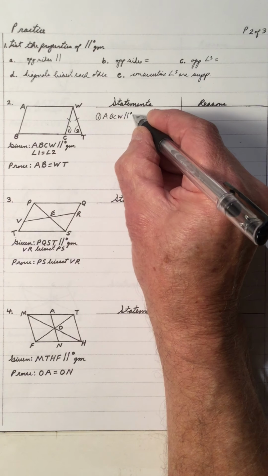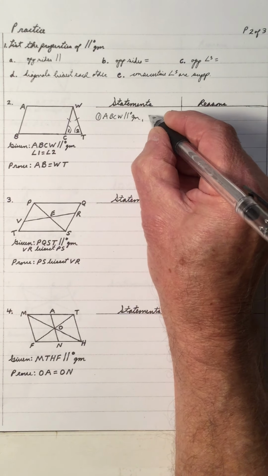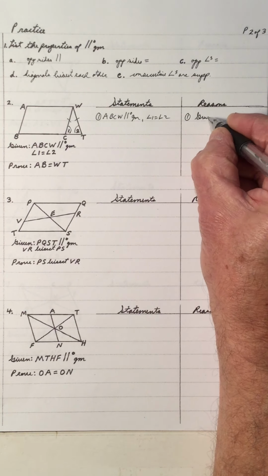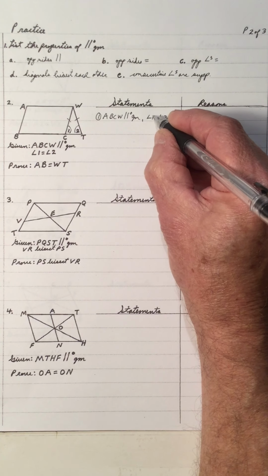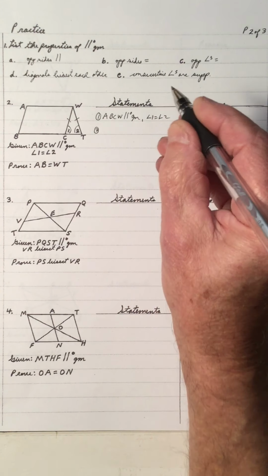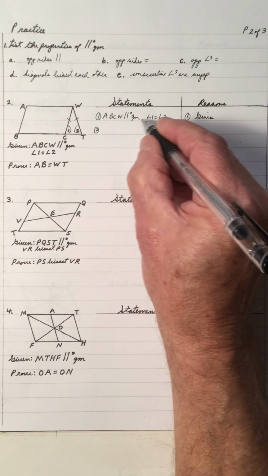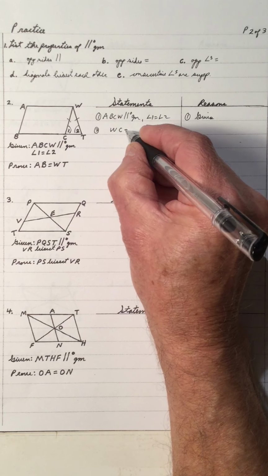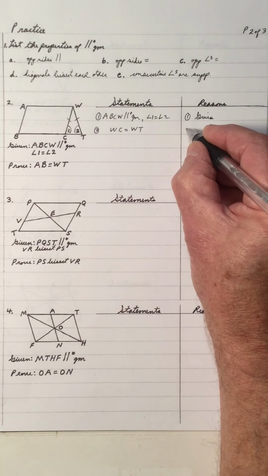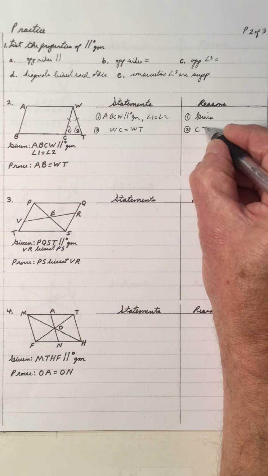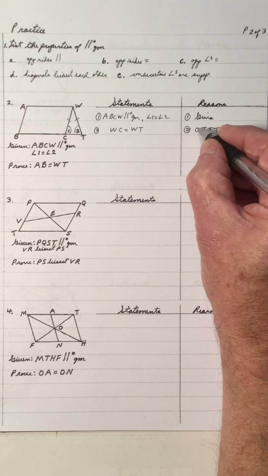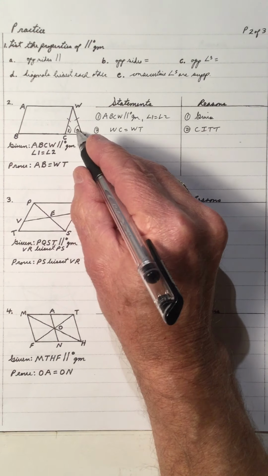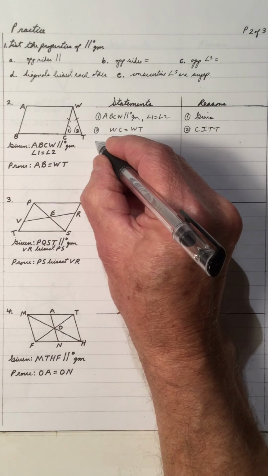ABCW is a parallelogram, and angle 1 equals angle 2. So I'm putting the two of them into the first statement, into the given. Again, check with your teacher. So we have that if we got 1 equals 2, that means that WC is equal to WT, and that's CITT, converse of the isosceles triangle theorem, which means that if two angles are equal, the sides opposite those angles are equal.